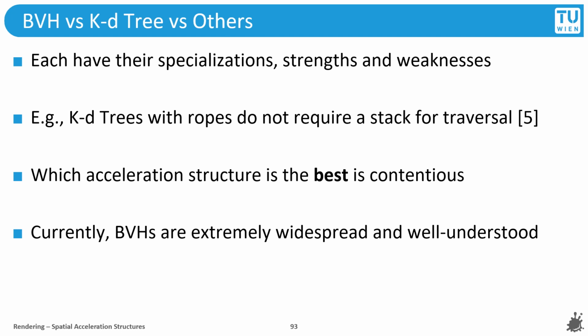But currently, at this point in time, and for a wide range of applications, BVHs are actually extremely widespread and also well understood by most members of the graphics community, which makes them a very nice and efficient common denominator to communicate any properties for spatial acceleration structures.